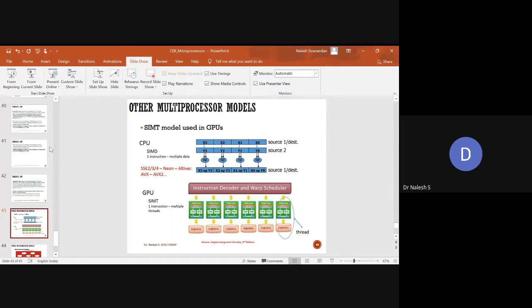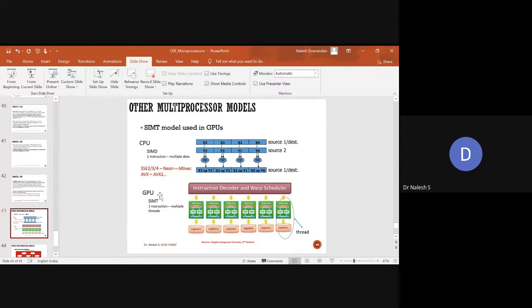In the earlier case, we were using multiple instruction, multiple data, because each core was operating on different sets of instructions and different sets of data. CPUs can also support single instruction, multiple data. But in GPUs, you have what is known as single instruction, multiple threads. There are different threads, but all of them execute the same program.